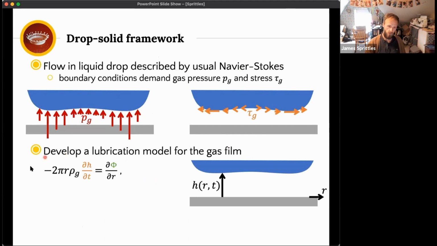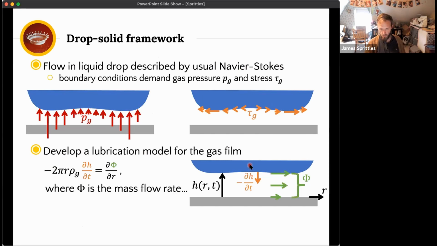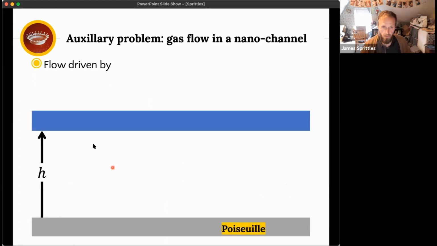Just from a mass balance, we see that as we squeeze this film, so the height decreases, there must be a corresponding mass flow rate out, which is given by this phi. And so this is the balance we have. Now, we can look at an auxiliary problem of flow in a channel to understand how this mass flow rate is driven.